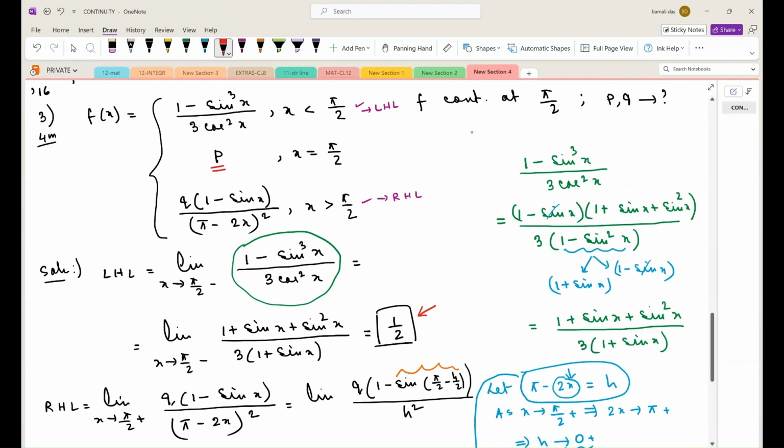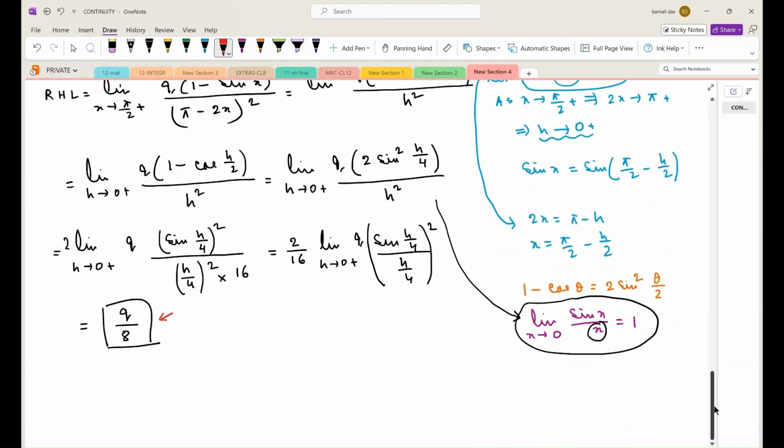So since f is continuous at pi by 2, we have left hand limit equal to right hand limit equal to value of the function at pi by 2.